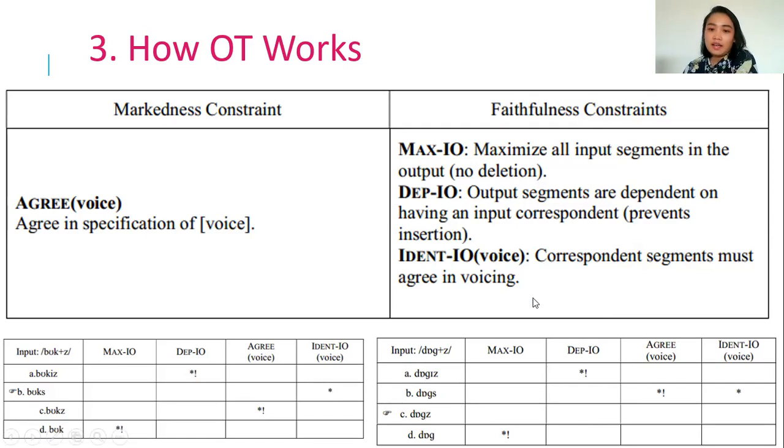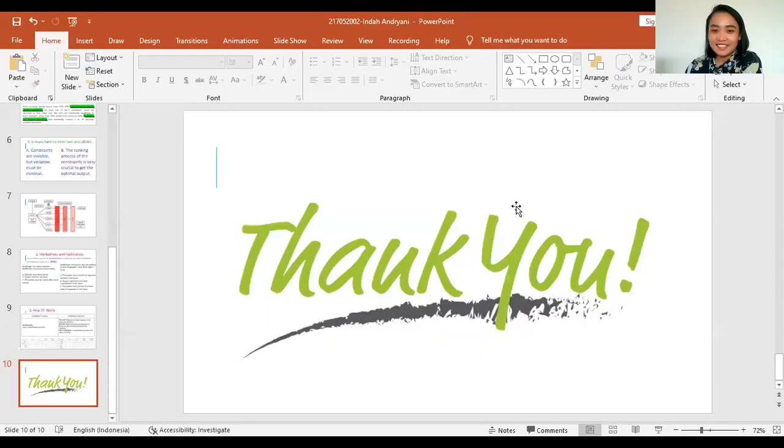So the correspondent regularly hears it as dogs with S, and then also Ident IO with the S. Okay, that's the explanation from me. Thank you very much, and thank you.